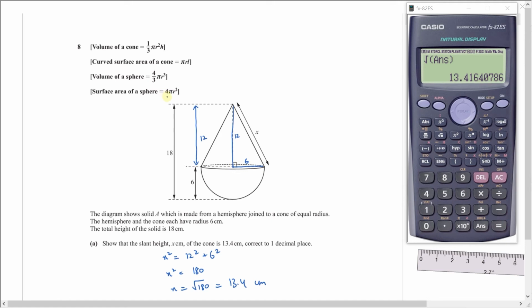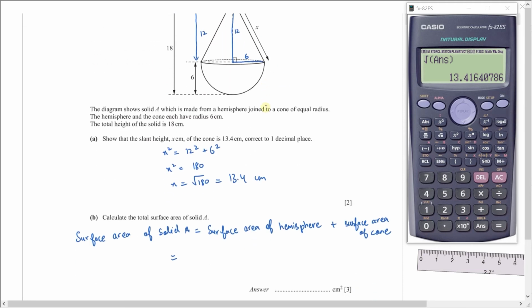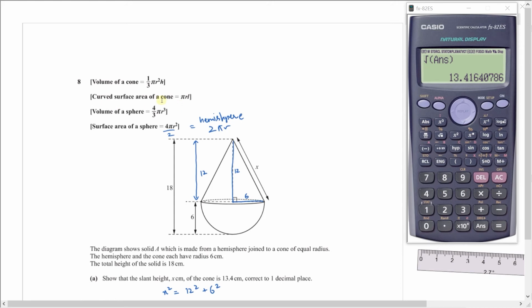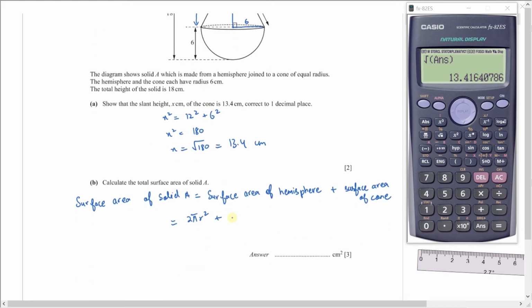Since this is a hemisphere, you divide by 2, so for the hemisphere you will get 2 pi r squared, plus the curved surface area of the cone, which is pi r l.